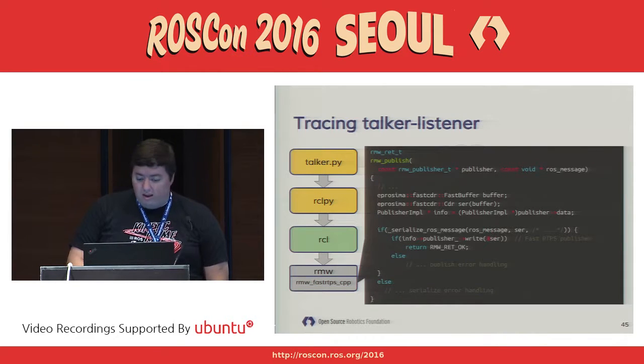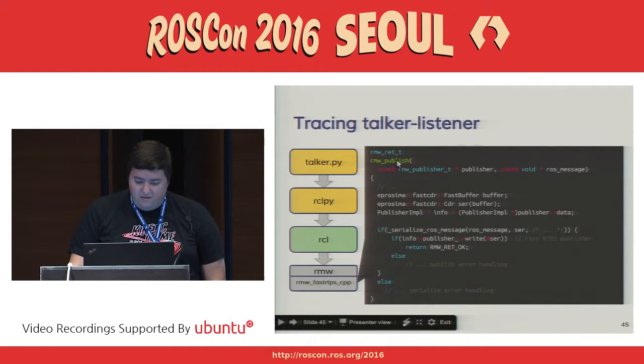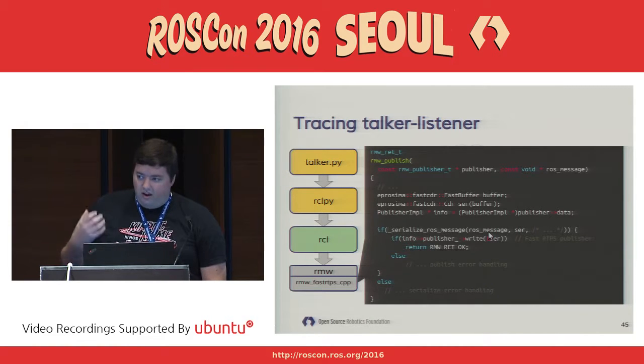Taking a look at the case of FastRTPS, you have the implementation of this function that was defined in the interface. You can see here we're creating a serializer, and then using that serializer and the message the user gave us, which is a ROS message, to serialize it to the wire format, to marshal it.